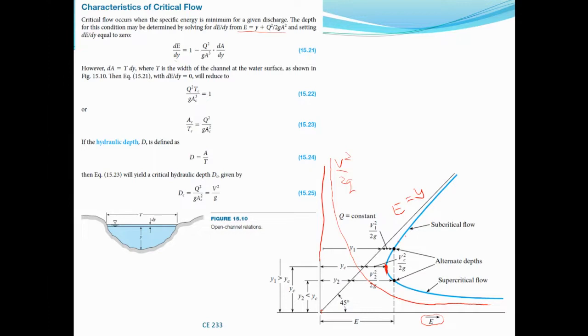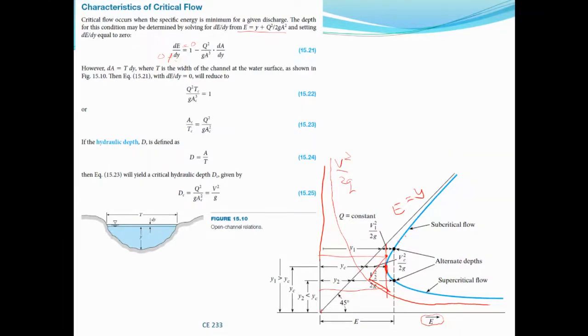Because the specific energy is constant, like when you want to find the slope here, you can see E1 equals E2. Even though the depth changes, there are different depths, dy is not equal to 0, but dE is equal to 0.